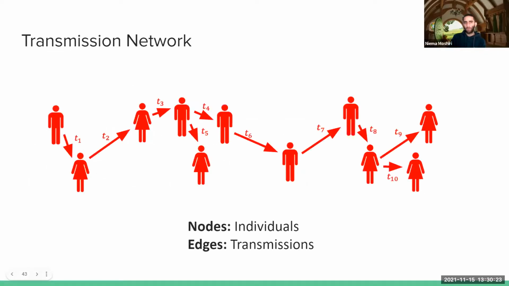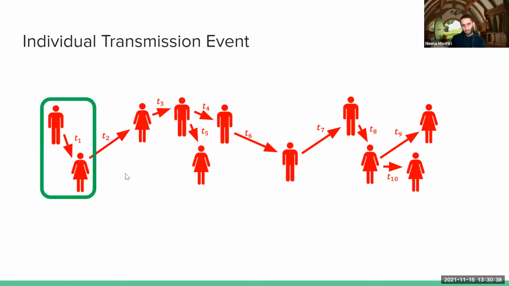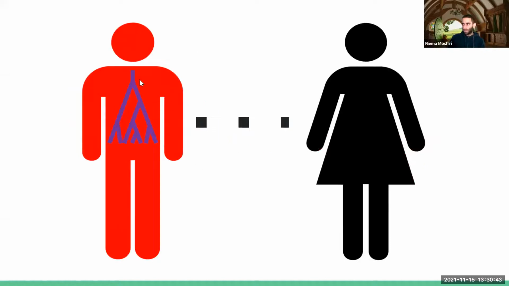So just to refresh your memory, how is the transmission network related to the viral phylogeny? Imagine you have some transmission network. Nodes are individuals. These edges, these links, represent transmission events. If we zoom in on one of these transmission events, and this is a review from the first week, you have a bunch of viral lineages evolving within the host.